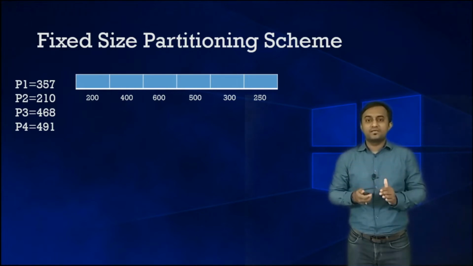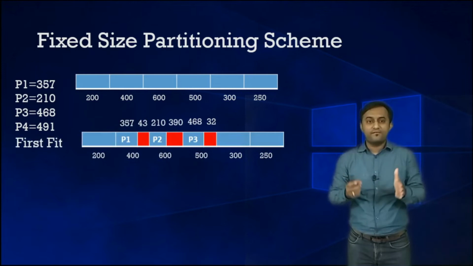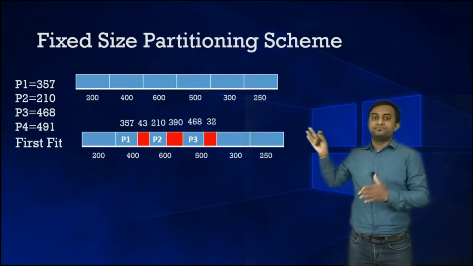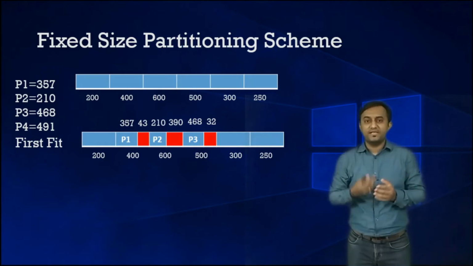Now let us discuss how the first fit algorithm works in the case of the fixed size partitioning scheme by considering this set of inputs. In the case of first fit, you can see the total available blocks would be accommodated like this. How does it work?